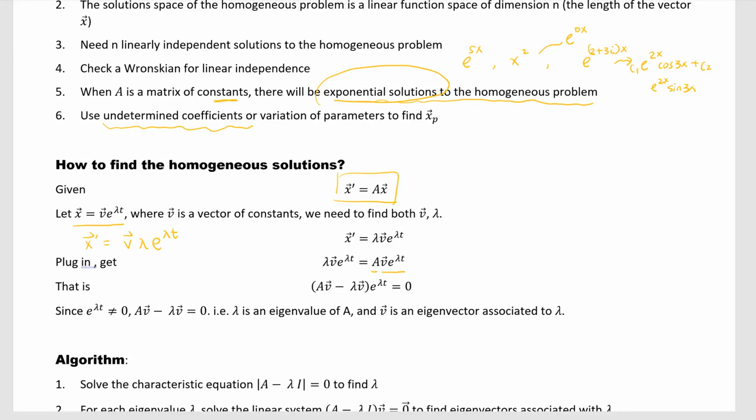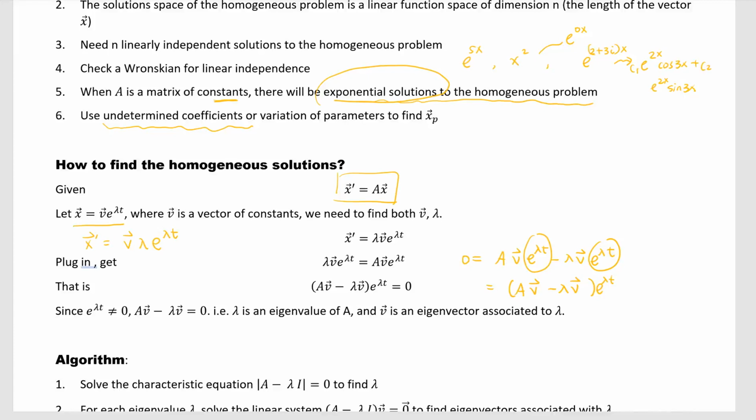Now let's subtract lambda v e to the lambda t from both sides. Then we have 0 on the left. On the right, we have A v e to the lambda t minus lambda v e to the lambda t. You can see we have the common factor e to the lambda t, so let's factor that out. What do we get? Av minus lambda v.